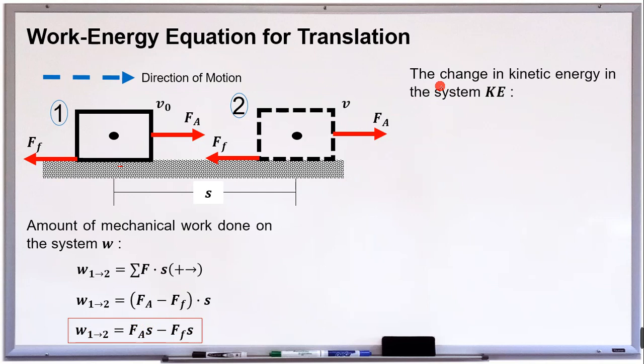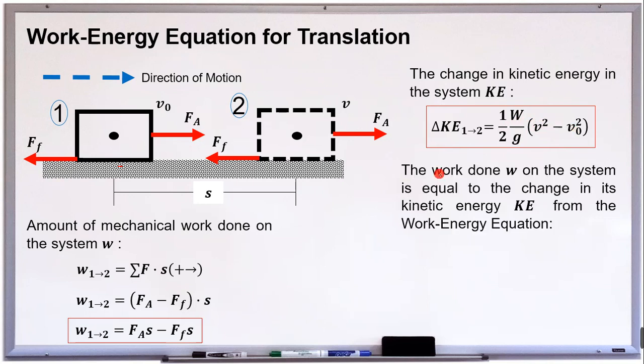The change in kinetic energy in the system, that is delta KE, is equal to 1/2 W over G multiplied by the square of the final velocity minus the square of the initial velocity. Therefore, the work done on the system is equal to the change in its kinetic energy. Of course, this is from our work-energy equation. So we equate both of these expressions.